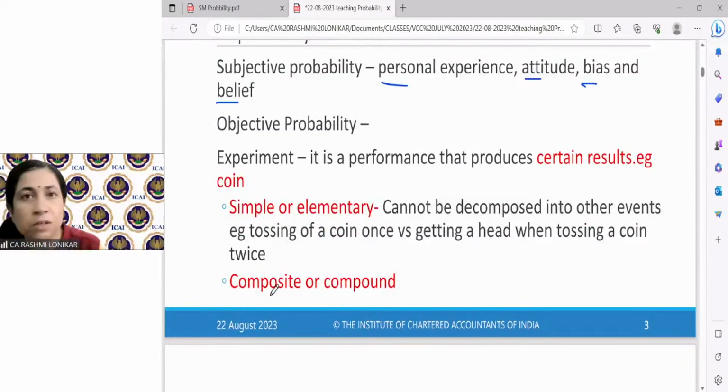It may be simple or it may be composite. Simple or elementary means it cannot be decomposed into other events. So that is a single event that occurs, and so we say it is a simple event. In case of composite, the event can be broken down into smaller events, and that is known as composite.